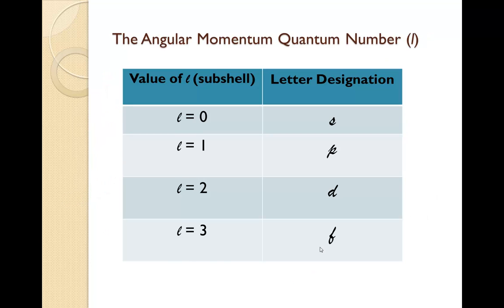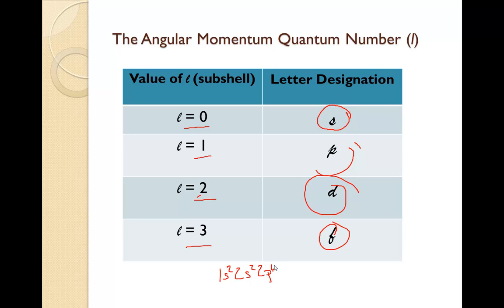So here's L. If L is equal to 0, it's an S. If L is equal to 1, it's P. If it's 2, it's D. And if it's 3, it's F. So when we're talking about 1s2, 2s2, 2p6, 3s2, so on and so forth, this is the L, the letters.